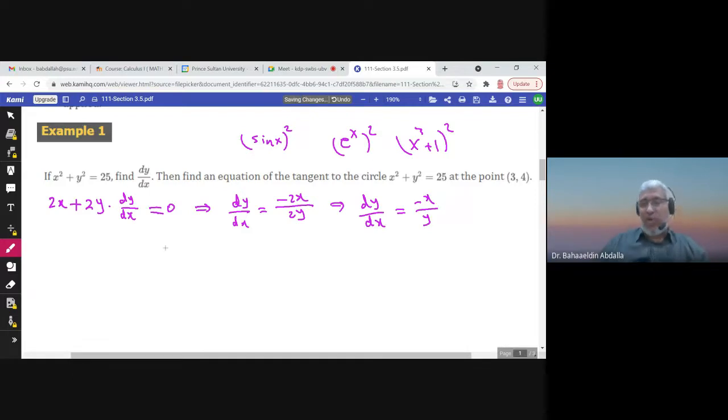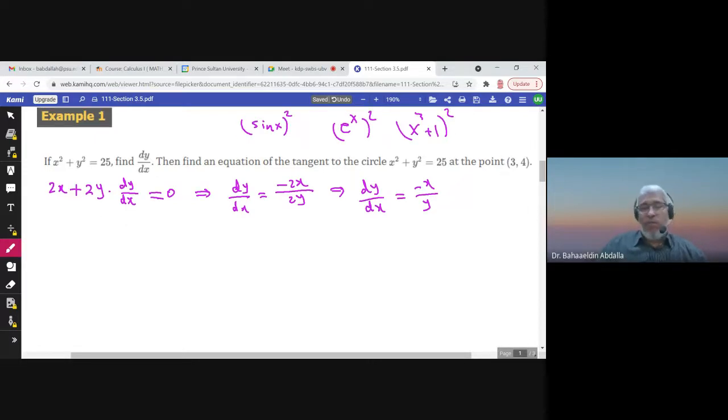So that's y prime. Now the question: find an equation of the tangent to the circle at the point (3, 4). The equation of the tangent line is y minus 4 equals y prime at 3, times x minus 3. This is always the equation of the tangent line.